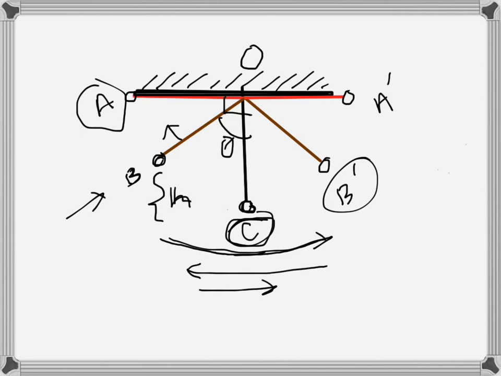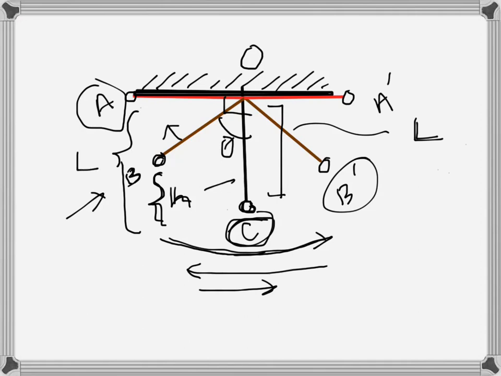Let's say the length of the string is uppercase L, and the height is h at position B. At position A, the maximum scenario, the height is L, the full length of the string.